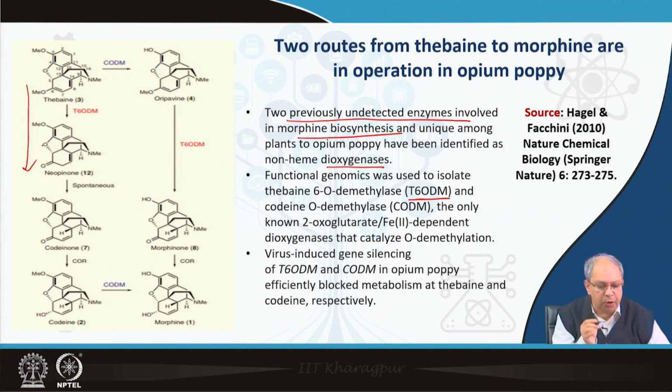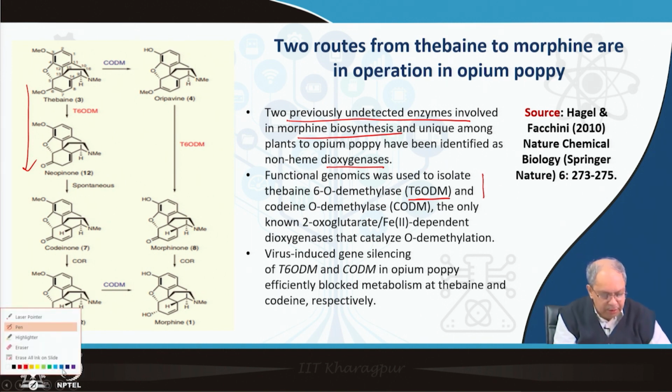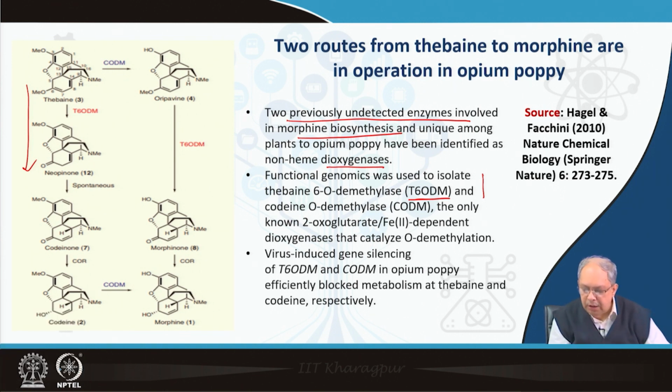So, when you see the product, you will only see the codeinone, and the T6ODM also converts oripavine to morphinone.